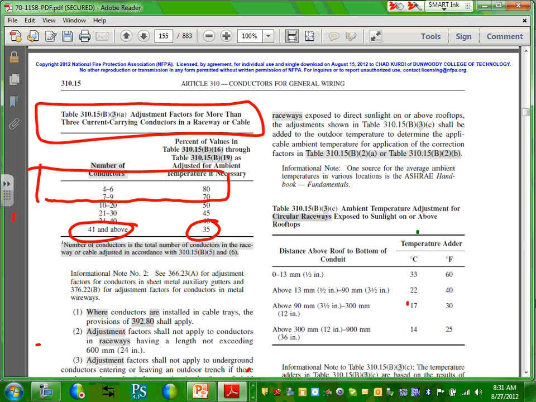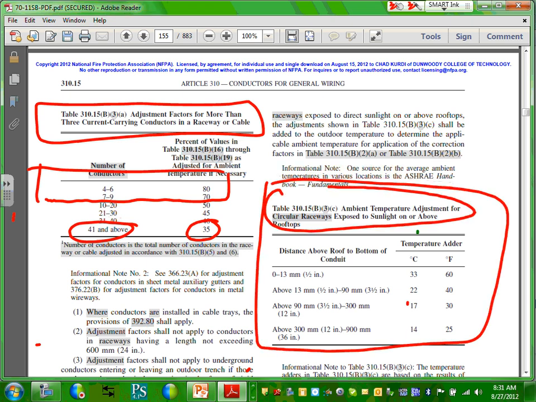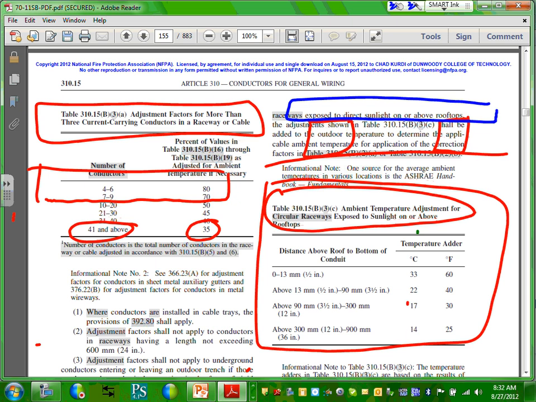Now, if you have this table, guys, and please highlight this one too. This table is if you put your conduits on the roof, a commercial roof, like we do for air handling units and rooftop units. Here's my roof, and here's my concrete block, and I put my PVC conduit right in here.